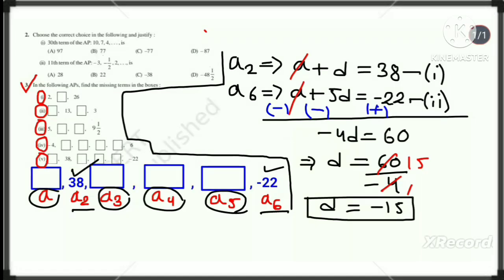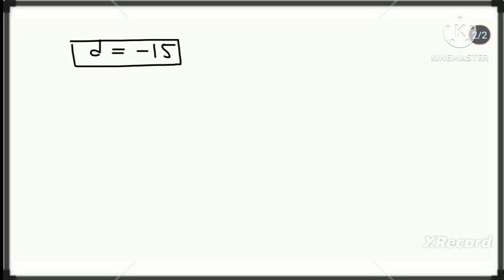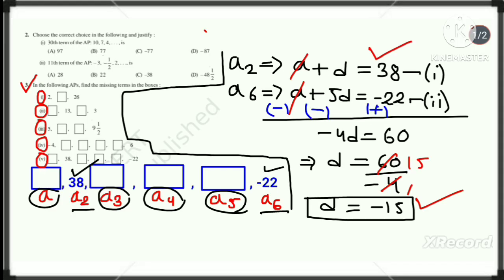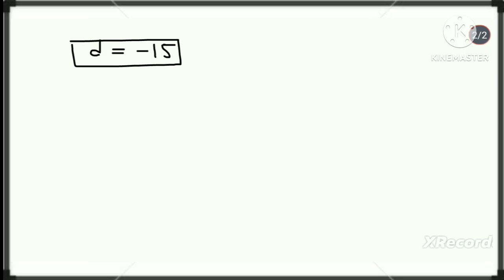Okay, now put this value of D in equation 1 so that we can obtain its first term, or A, right? For that, let's proceed to the next page. We have D equal to minus 15, and our first equation is A plus D equal to 38. Now A plus D equal to 38, where D is minus 15.